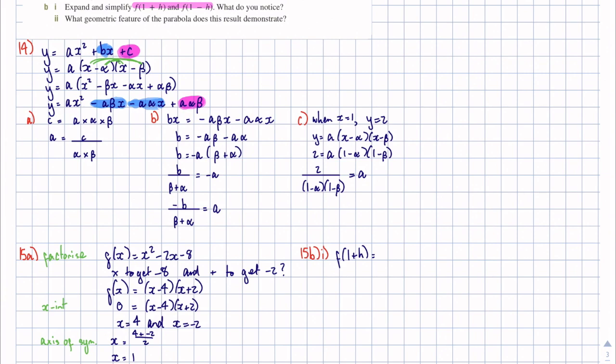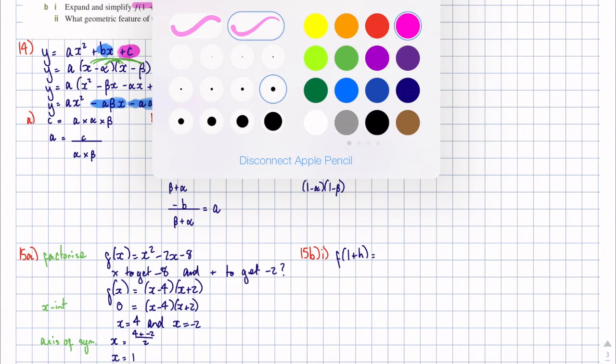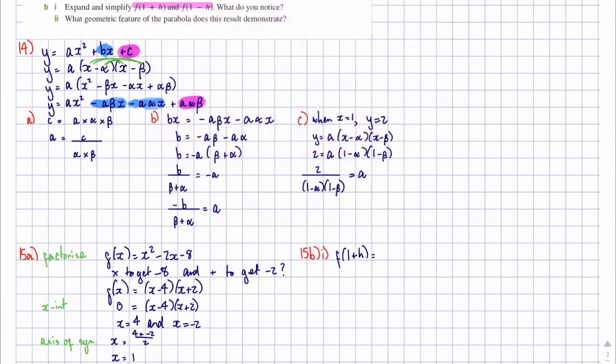All that means is that they want you to sub 1 plus h into, and I'm going to move this down, if f of x is x squared take 2x take 8, they want you to sub 1 plus h into that. This is actually going to be easier in the factorised form.